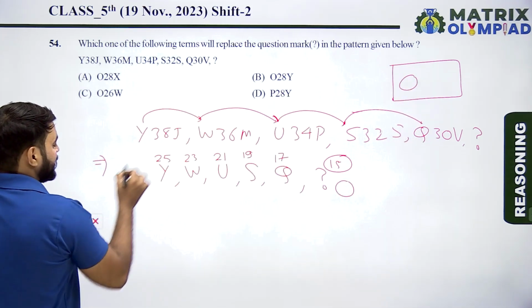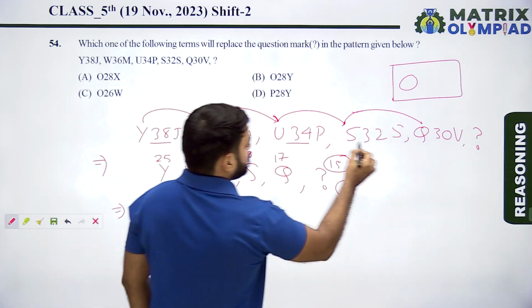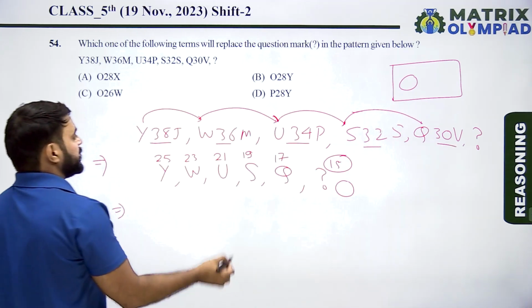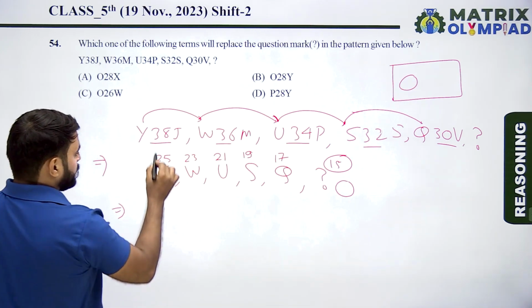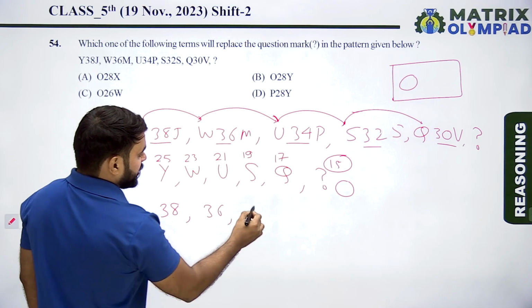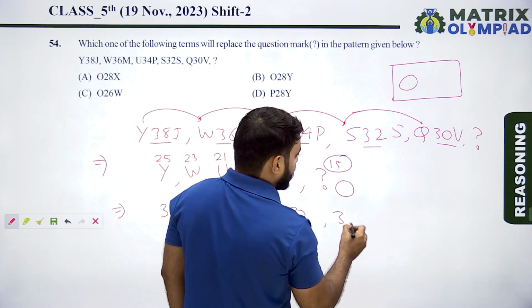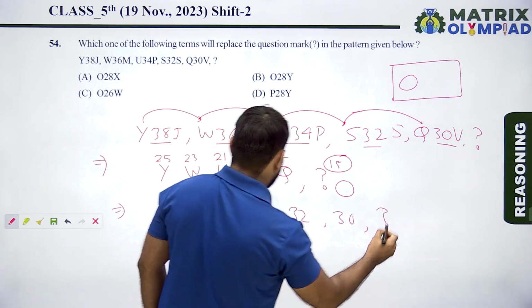Now choose the numbers of each term. So number is 38, 36, 34, 32. Next is 30 and next is missing.